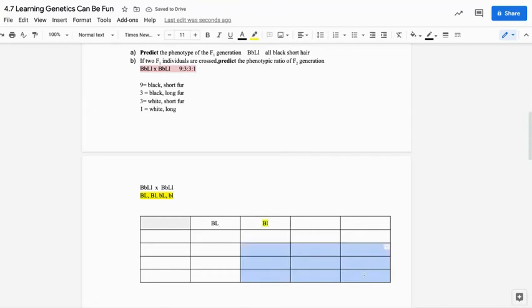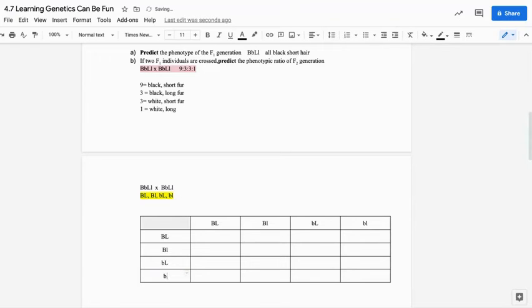Oh, I guess the whole thing's highlighted. Sorry about that. Or little b could end up with big L, or little b could end up with little l. And again, parent 2 on the side happens to have the same gamete combination. So just repeat that. And let's see what happens.